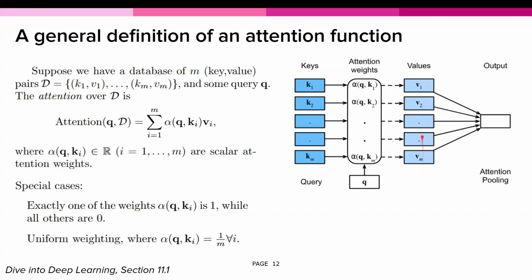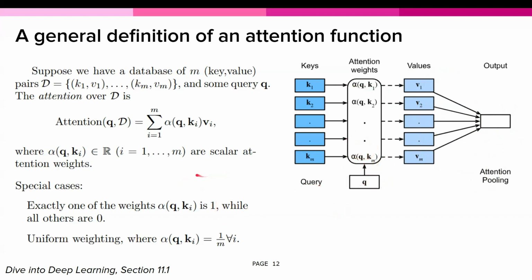And then these weights allow us to make a weighted combination of all the vectors to pool them into a single output vector. This operation is known as attention pooling, and it allows the model to pay more attention to vectors associated with the most relevant keys based on the query in question.